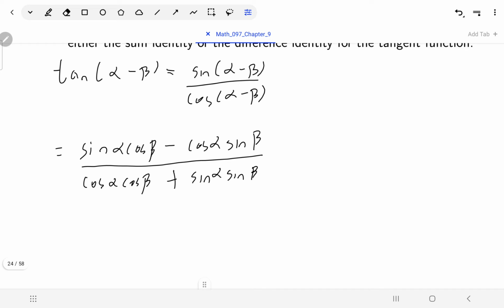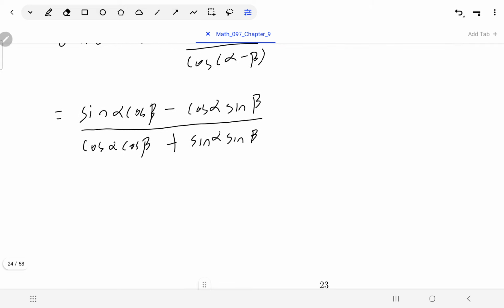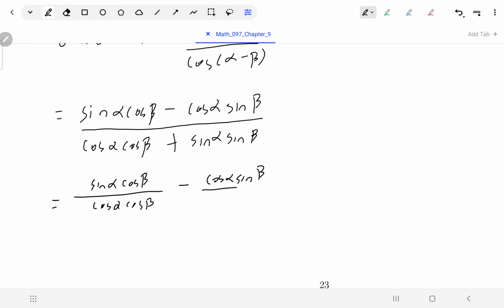One natural thought might be, well, if I divide it maybe by cosines, that might fix things. So that's what I'm actually going to do here. I'm going to take all of my four terms in the numerator and the denominator, and I'm going to divide all of them by cos alpha cos beta. So I'll have in the numerator sine alpha cos beta, I'll divide that by cos alpha cos beta. The second term, cos alpha sine beta, I'll divide that by cos alpha cos beta.